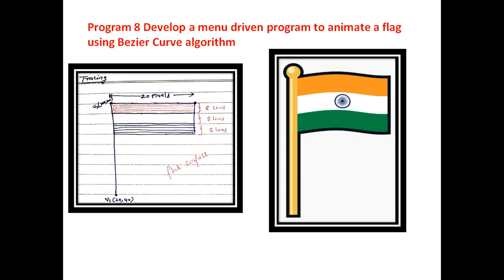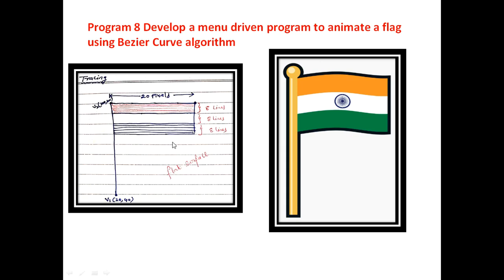So our aim is to give motion to the flat surface and change each horizontal line into curved lines like this. This is the aim of the 8th lab program.